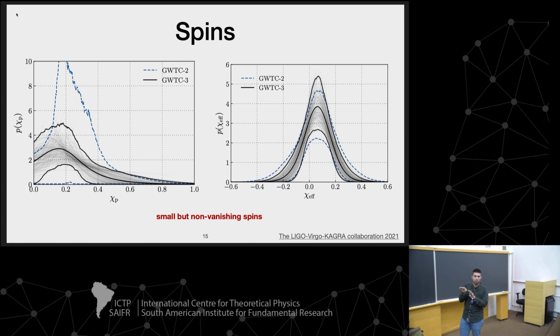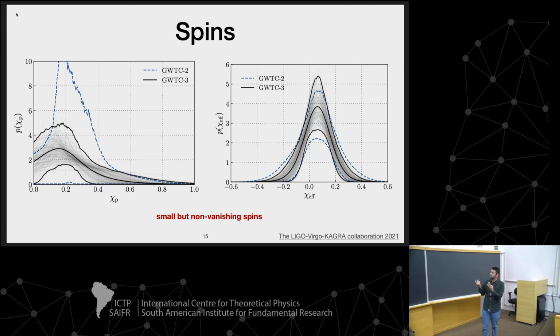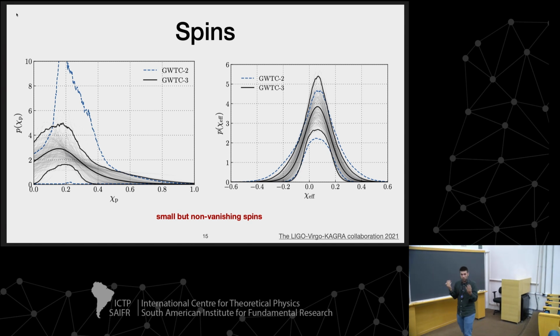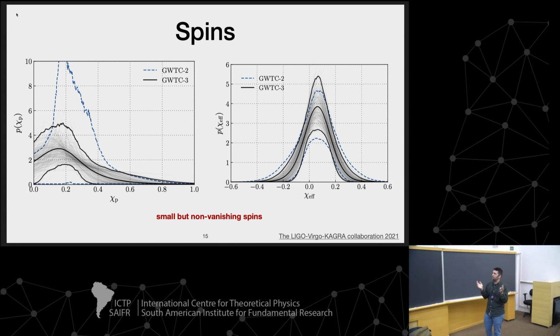So you have a component of spins that are perpendicular to angular momentum. And the same thing you can say with chi-f. Again, more detections constrain the distribution of the spins better, and the take-home message from spins is that they're small, but non-vanishing. So we have spins. They're small, but we have spins.